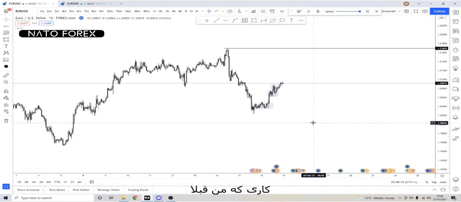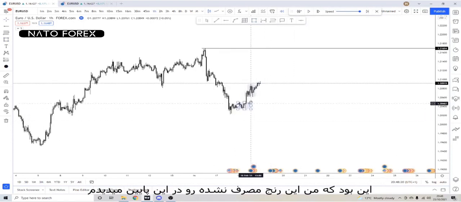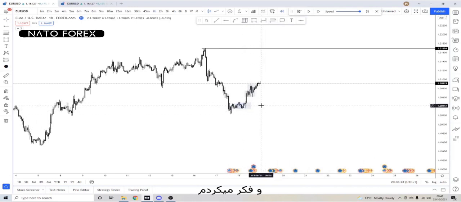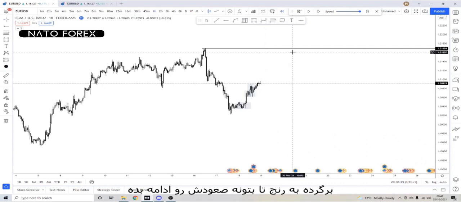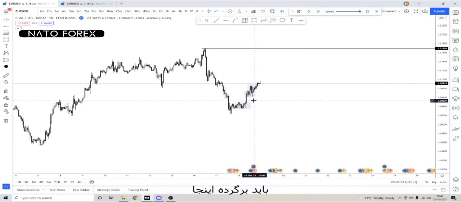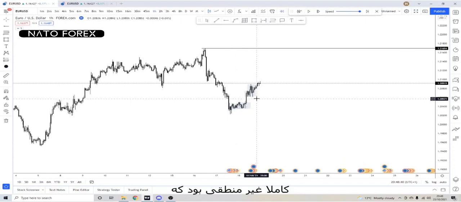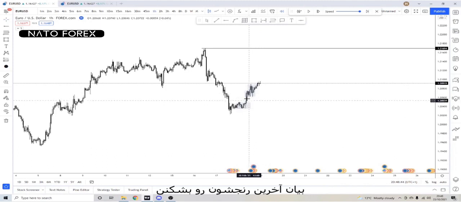What I used to do a long time ago is I would see this unmitigated range down here and I'd think price has got to come back in to mitigate this to continue higher. You know, we've got equal lows there, it's got to come back into here. Well, this is where I was missing out on everything, because it doesn't make any sense for them to take out their most recent range.